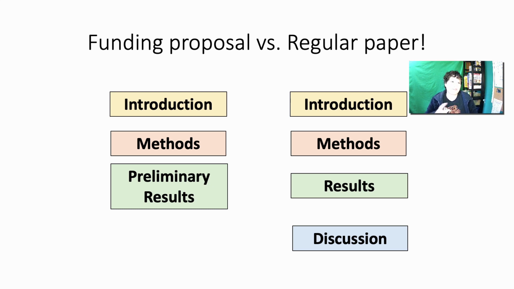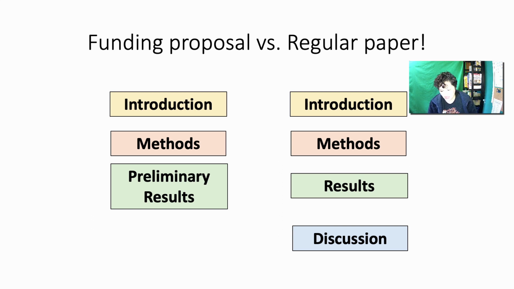So it's kind of this vicious cycle, but they generally like you to show some preliminary results so you can show that you're heading down an alley that is going to make sense to go down. So it's actually not uncommon to have a small amount of results in a funding proposal.